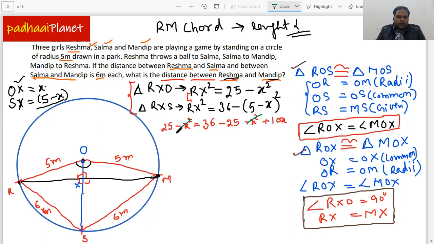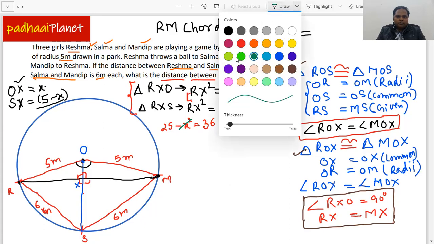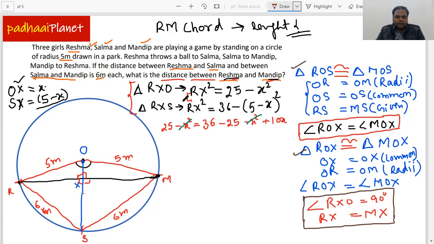What we can now say is that this 25 and 36 go this side, and it becomes 10x equals 25 minus 36 plus 25, right?